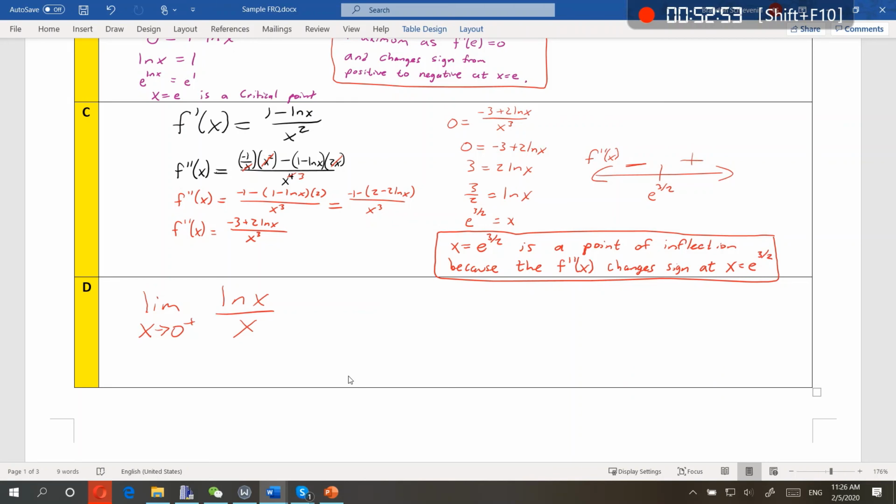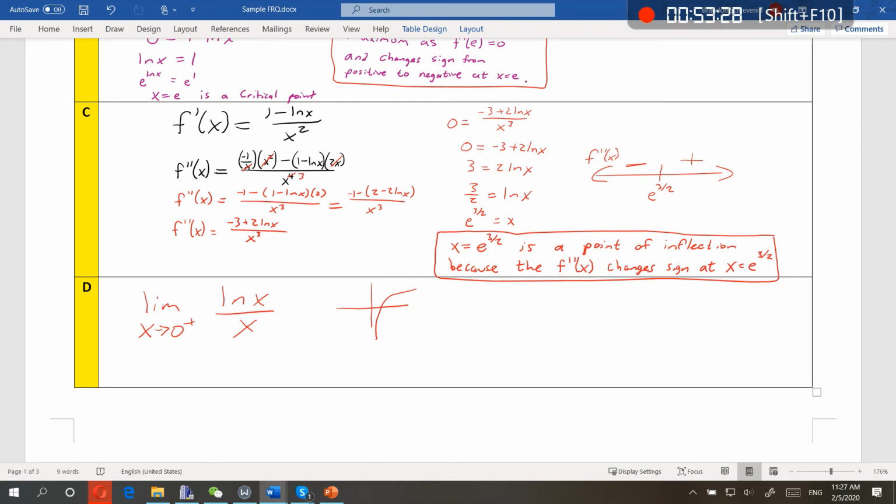Okay, so if I plug it into the top, what happens to a natural log as we get closer and closer to 0? Undefined. What kind of undefined, more specifically? Vertical asymptote. Am I approaching positive infinity or negative infinity?